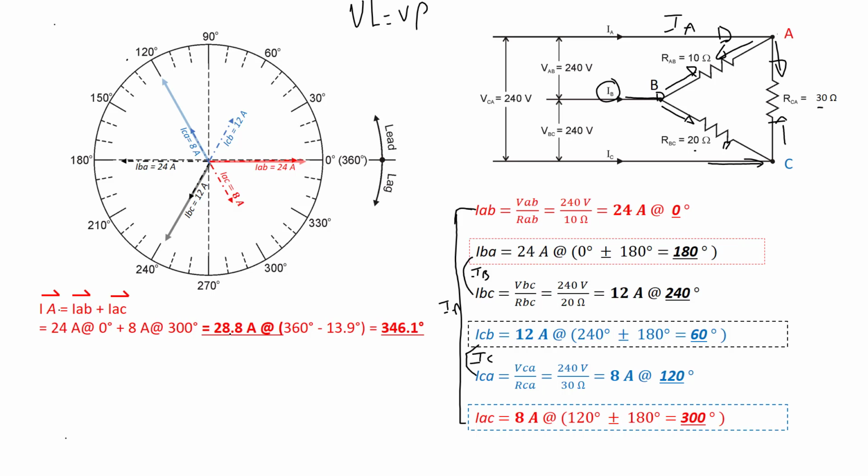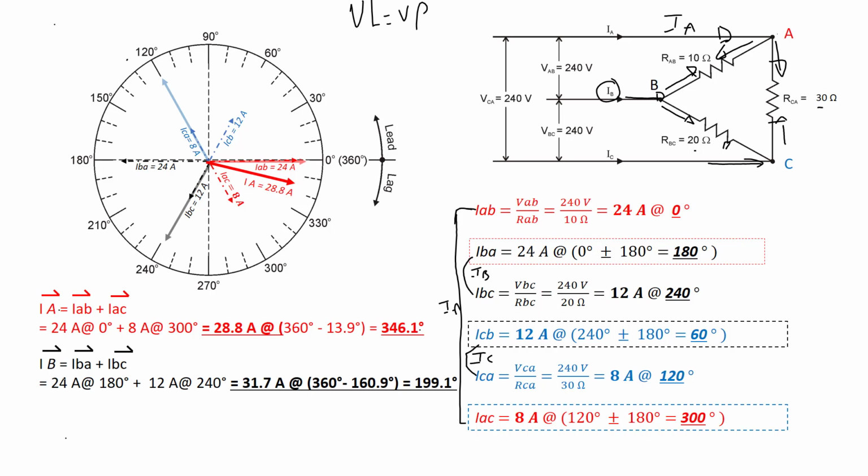It comes to 28.8 amps at 346.1 degrees. If I plot that out, it ends up right there. There's my line current. If you're using your calculator to determine this, it will give you a negative angle of 13.9. So we have to take 360 and subtract that 13.9 degrees to express it as a positive angle, 346.1.